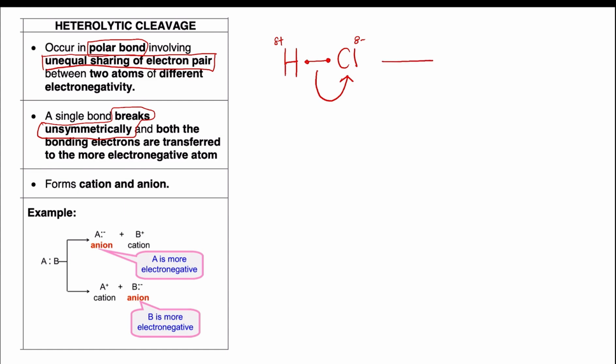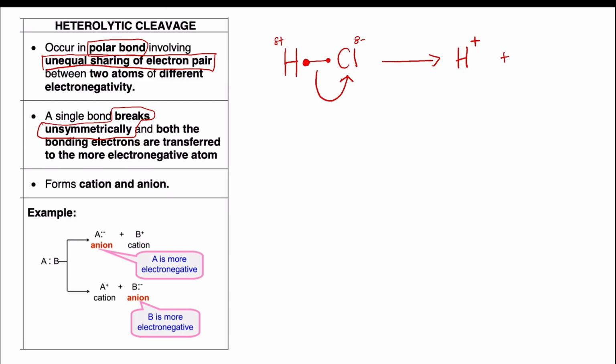So apa yang akan berlaku? Now this one ini adalah H punya, tapi sekarang dia diberi kepada Cl. So H no longer having any electron, thus it will make the hydrogen become hydrogen ion.